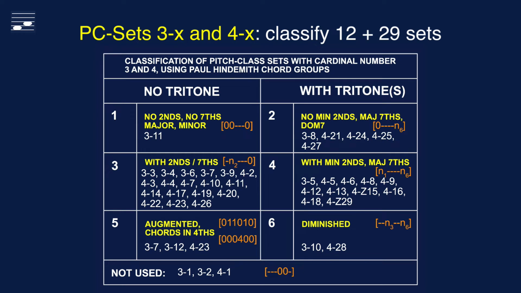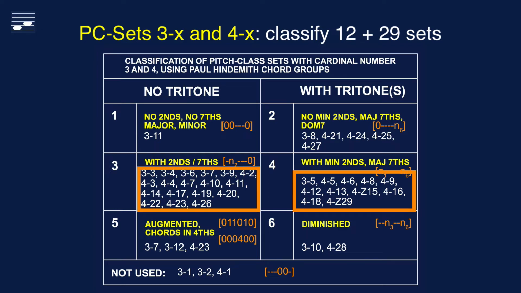This overview shows the result after classification of the tetrachords into the 6 chord groups. This classification yields 28 useful Hindemith tetrachords, with the chromatic cluster set 4-1 rejected and no sets in group 1, which contains triads only.